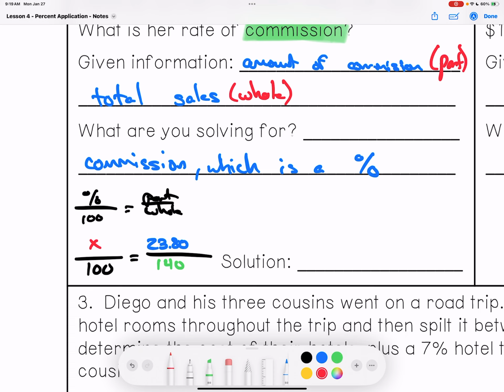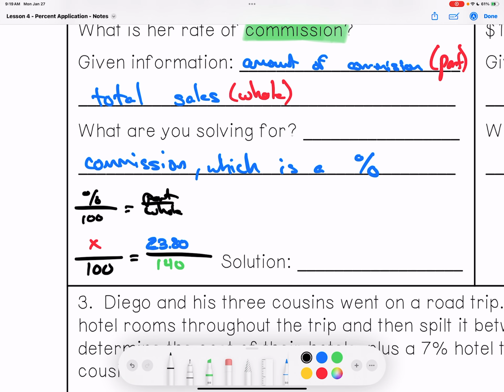How do you solve that? You can do cross product, or you can divide 140 by 100. You're going to get 1.4, and then you can divide 23.80 by 1.4. How did I get 1.4? If you divide 140 by 100, guess what you get? 1.4.